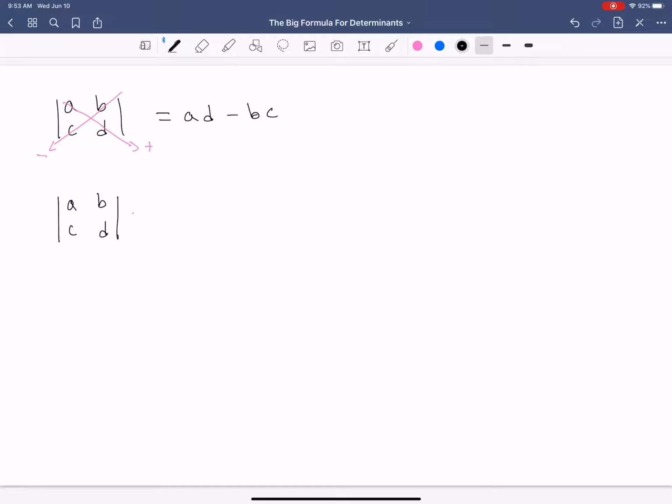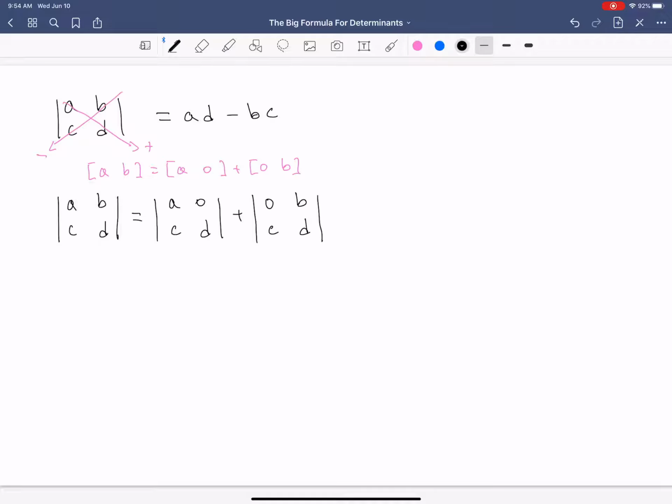remember that we have linearity. So I can write the first row, A B, as a sum, A 0 plus 0 B. Linearity in the first row says that I can write this determinant as a sum of 2 determinants, A 0 C D plus 0 B C D. This is linearity in the first row.